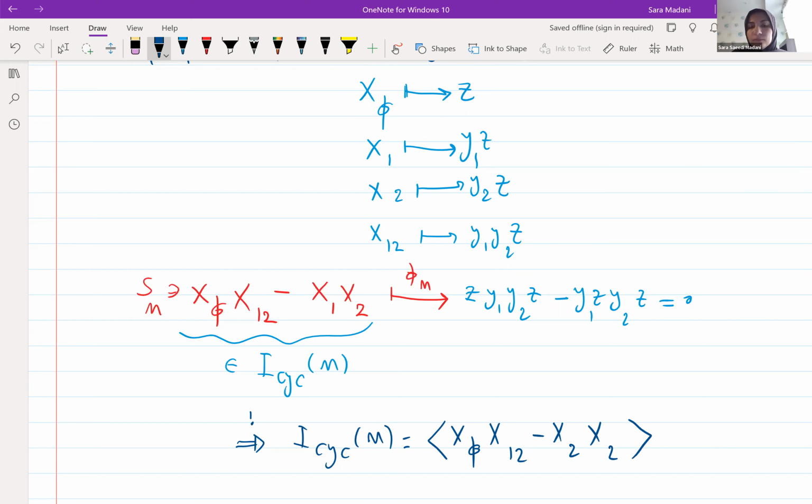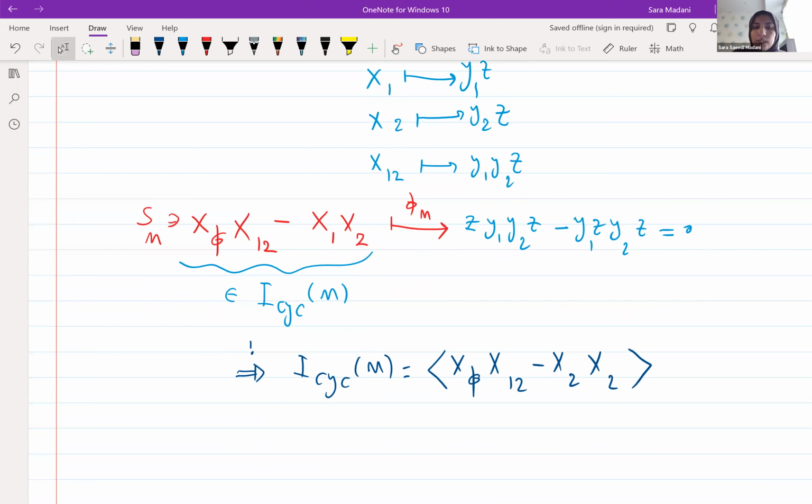For small examples, you can use a computer. You can also give this example to Macaulay2, for example, and it will compute the kernel for you. But in some small examples, we can also work a little bit with the grading and the properties that we know, and we get some generators, but in general, it can be a tough job. But here you can believe me that this is the cycle ideal, and you can check it later.